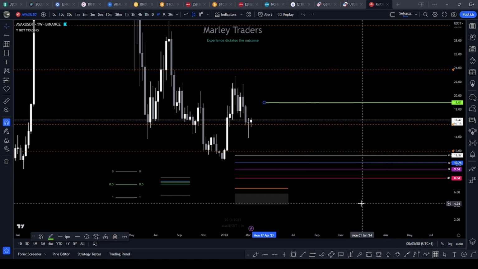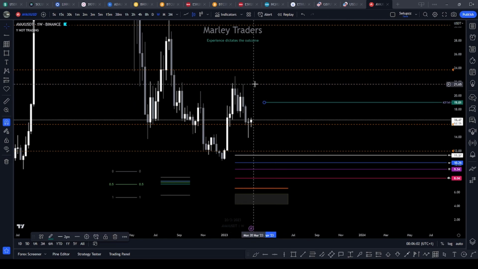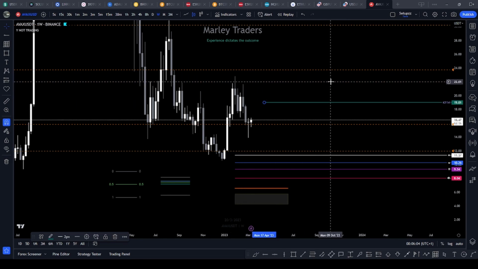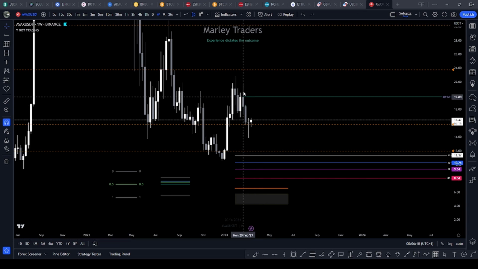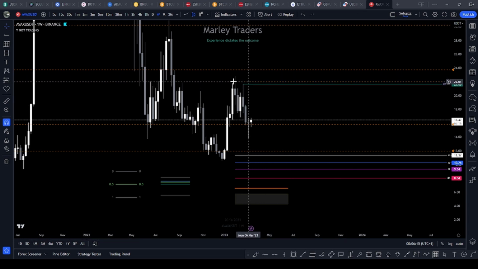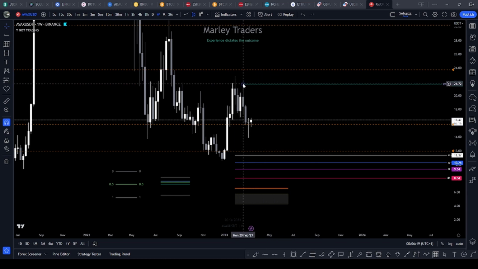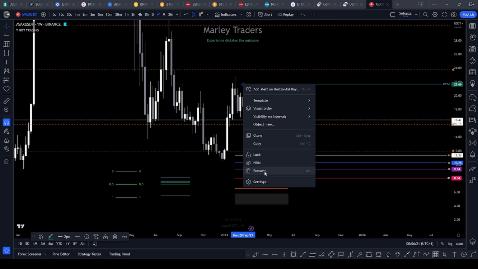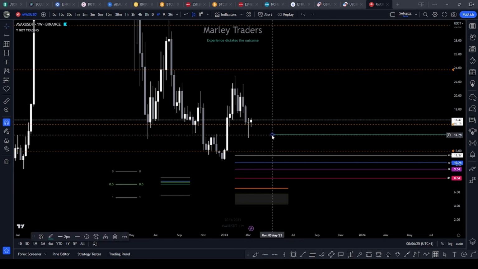If he's saying, just as an example, 22.0 or whatever, I'll just take this, meaning ICT wants us to look at that level. Maybe it's a draw on liquidity, a sell side or buy side liquidity or whatever that is resting below or above there. So that's how you use it. You just take this and then you choose whatever thing you want to do.